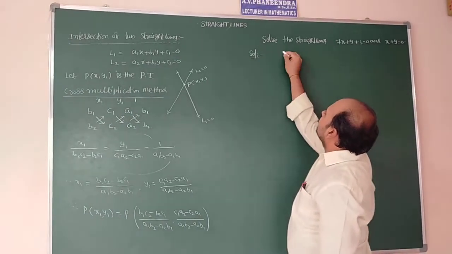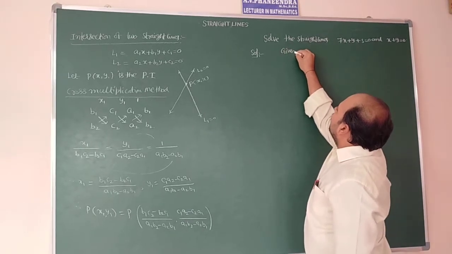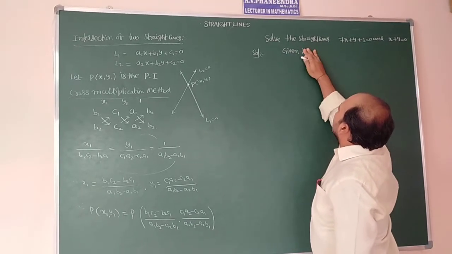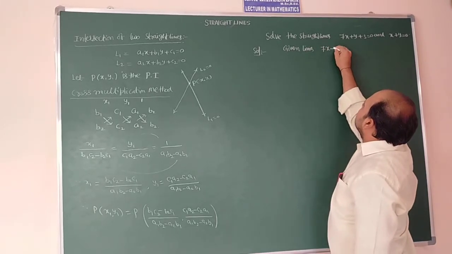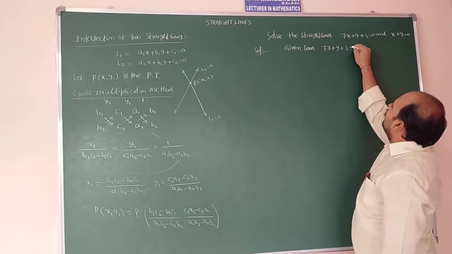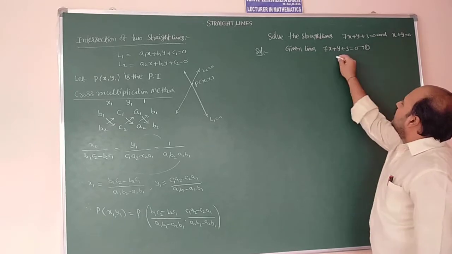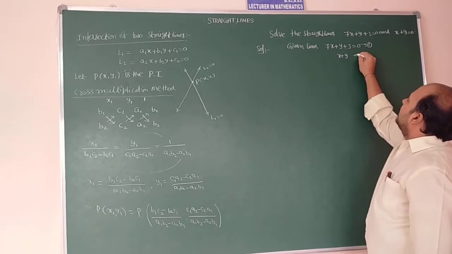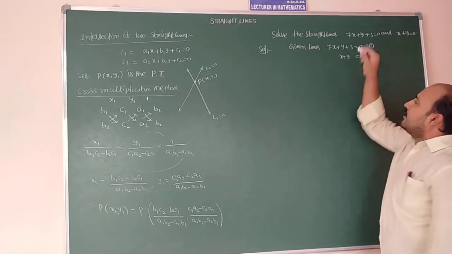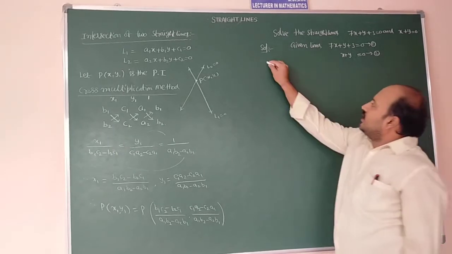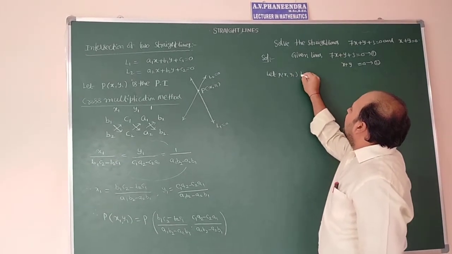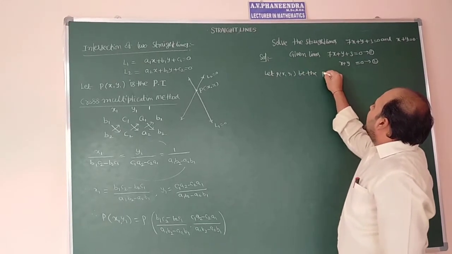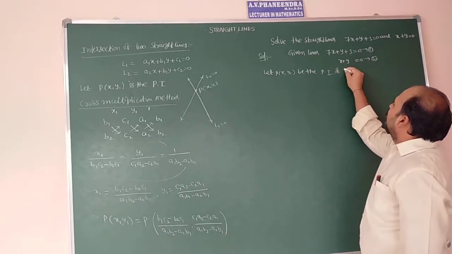First, the given lines you have to write in the given order. First line 7x plus y plus 3 equal to 0, keep it as equation number 1, and x plus y is equal to 0, keep that as equation number 2. After that, let P of x1 comma y1 be the point of intersection of 1 and 2.